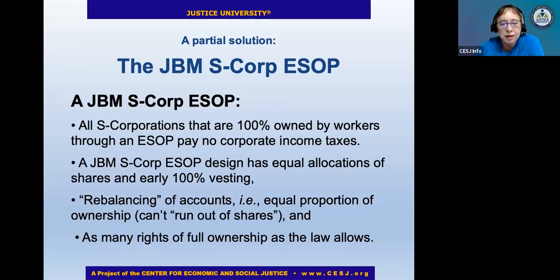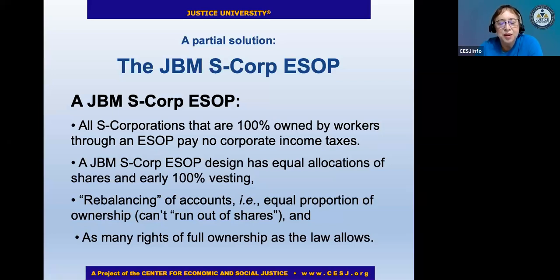We have a paper on that, our design, trying to follow as best we can the principles of the just third way. You can look at it online; we call it the justice-based management S Corp ESOP. An S Corp is recognized under the law as something like a partnership where the partners are taxed on whatever income is earned.